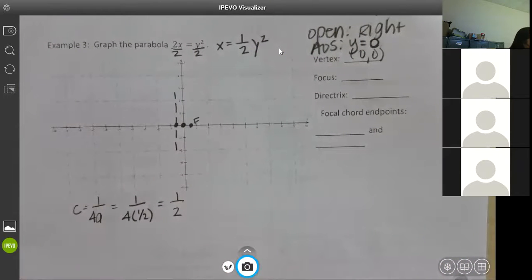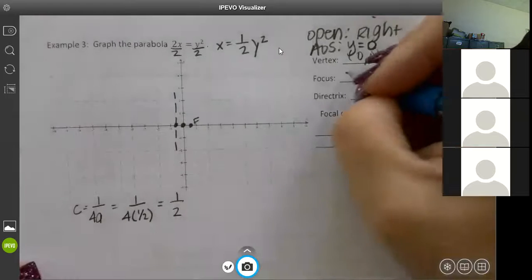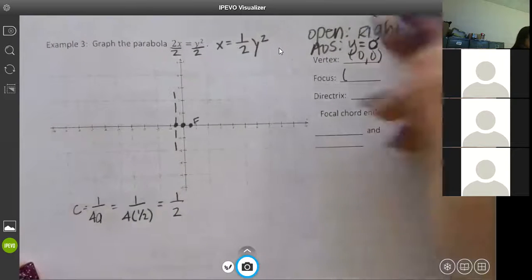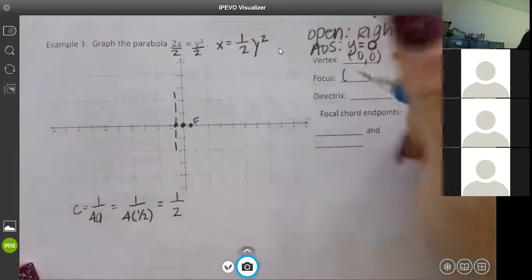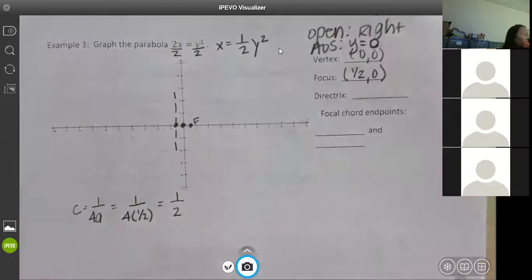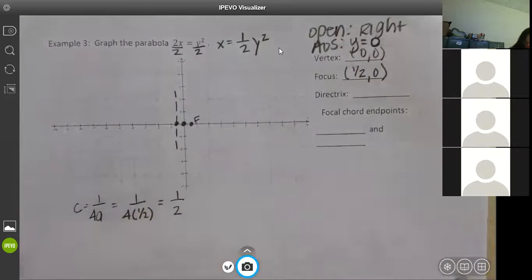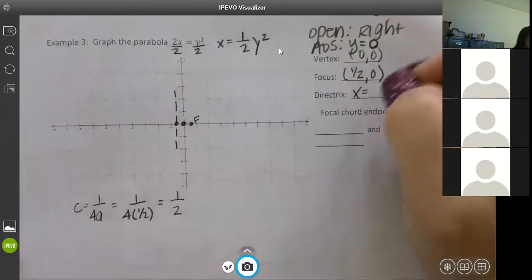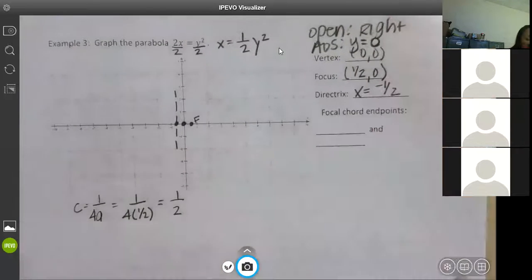So for your focus, what is your coordinate? Say it again. 0.50 or 1/2, 0. Either one is perfectly fine. Again, like I told you yesterday, I don't care decimal or fraction. You do whatever you're comfortable with. Your directrix, it goes through the x-axis at -1/2 or -0.5. It doesn't matter which one you put.